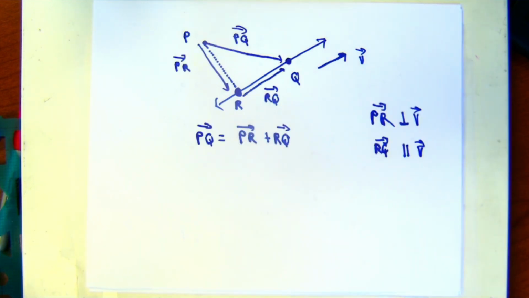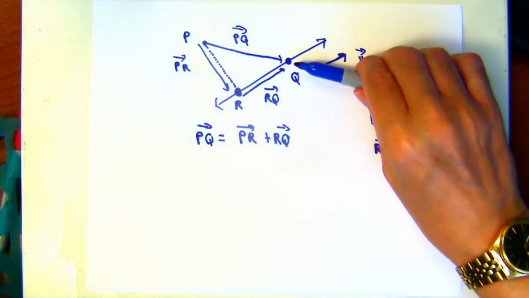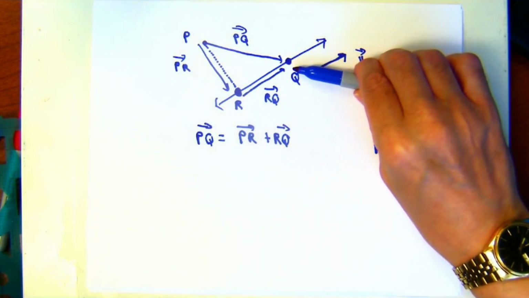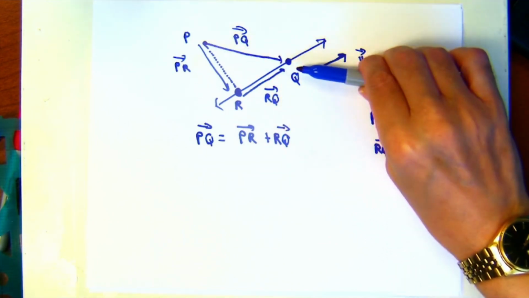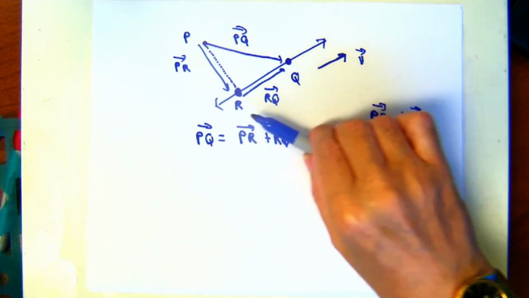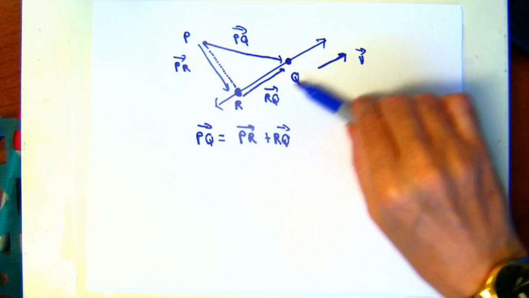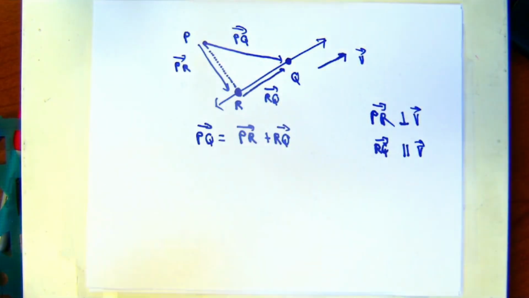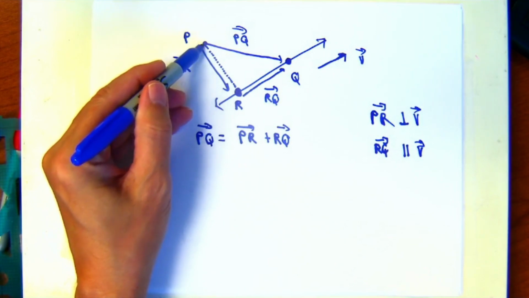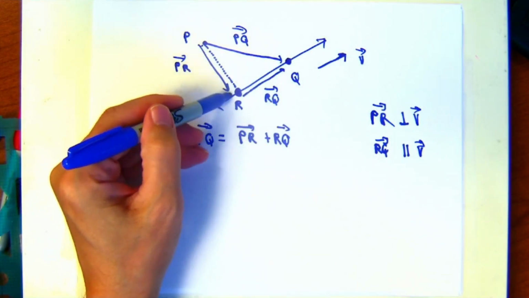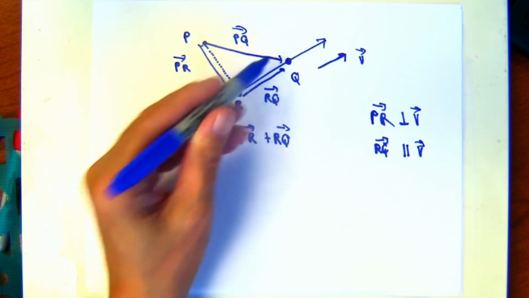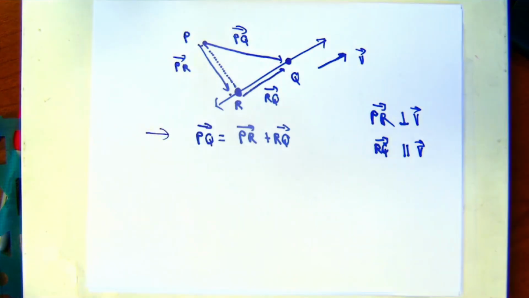Just like before, we'll pick a point in the set of points of interest, which is now this straight line. I can then form the vector from P to Q. If R is the closest point on the line to P, I could also think of getting from this point to that one by first traveling from P to R and then traveling from R to Q. So we can write our P to Q in this format.